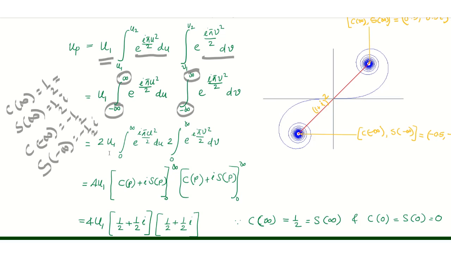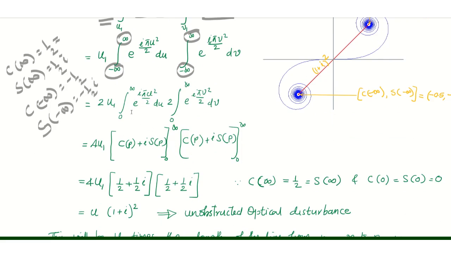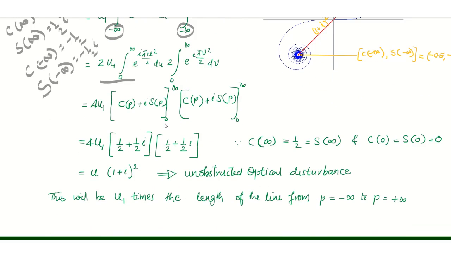Since it is symmetric, you can use minus infinity to infinity as twice 0 to infinity, or whichever way you do it, you get something like u equal to (1 plus i) all squared. It is reasonably straightforward. At 0 it is going to be zero, and therefore if you apply the limits, this is what you will get.